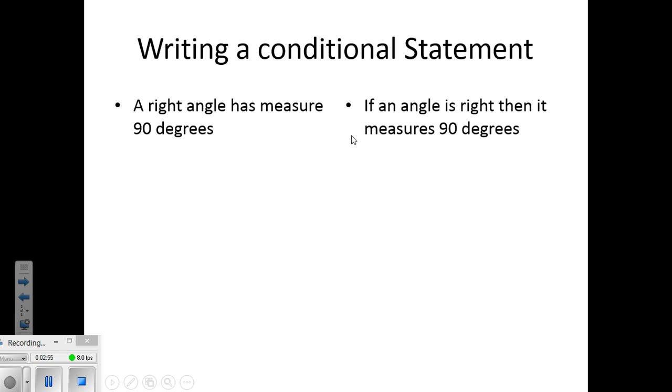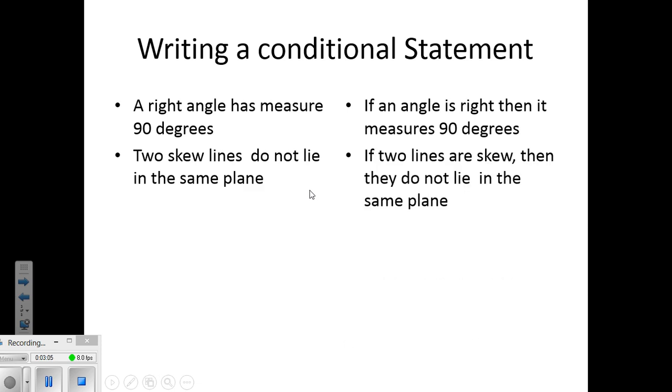Okay? So again, that's just putting it in the format of an if-then statement. Another one, two skew lines do not lie in the same plane. So in an if-then conditional format, if two lines are skew, then they do not lie in the same plane.